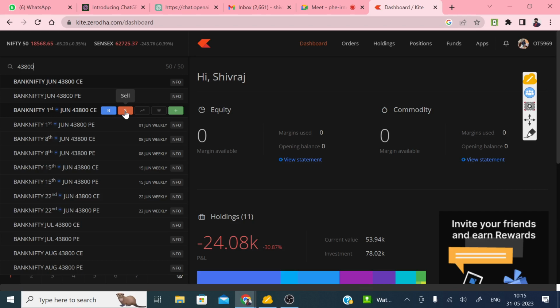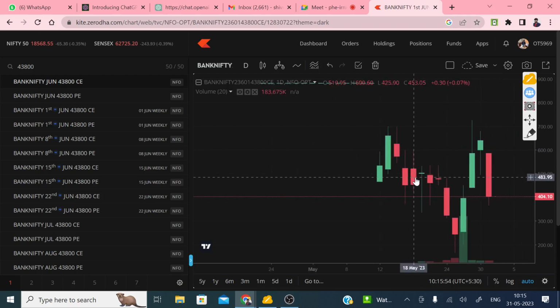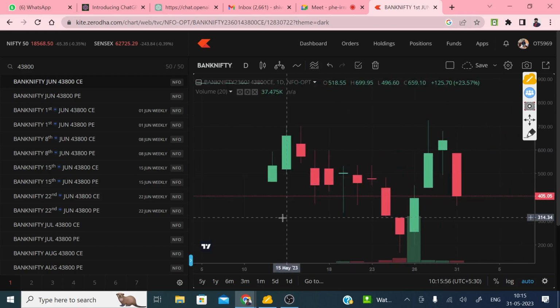With the same option, if you see, the option writer has an expectation that the price will go down in future. And if I take the example of the call holder, the call holder has an expectation that the price will go up.